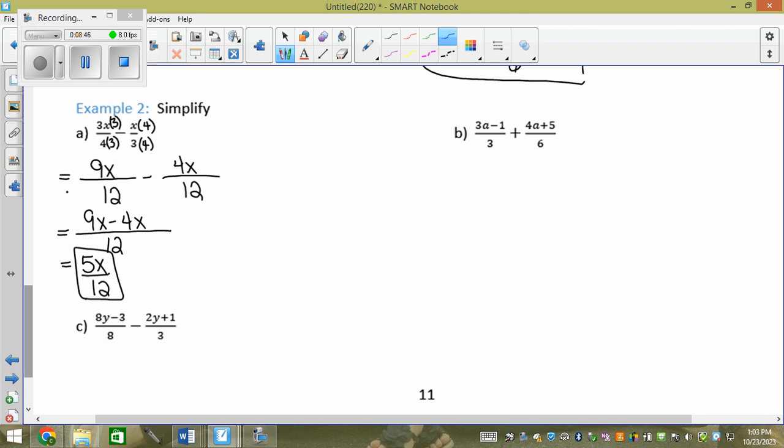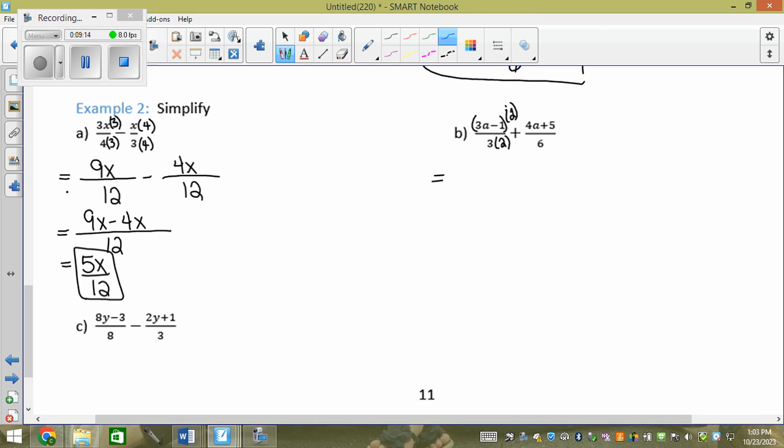Okay, so B has a denominator of 3 and a denominator of 6. What can I make them both be? 6. Remember, you can't make them be smaller. You'd have to make it be bigger, right? Because when you make common denominators, you multiply, you don't divide. So I'm going to multiply this one by 2, the whole bracket, and this one by 2.